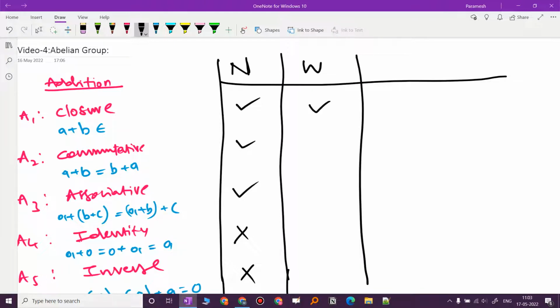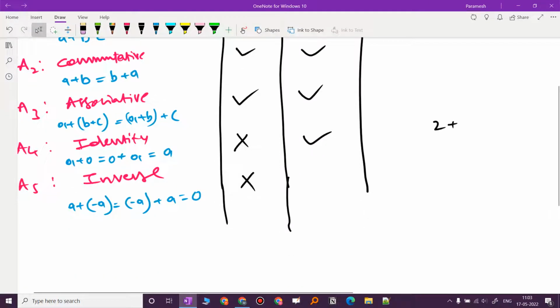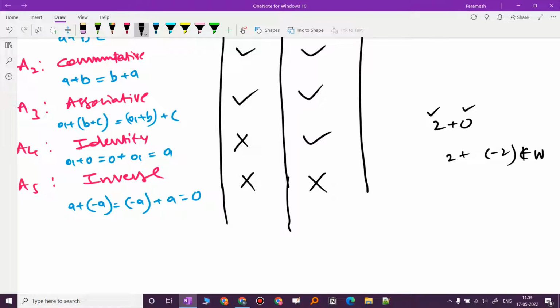The whole number set satisfies all the natural number properties, and it has one more property, that is additive identity: 2 plus 0, where 2 is a whole number and 0 is a whole number. The natural numbers cannot do this because 0 is not a natural number. For additive inverse, 2 plus (minus 2): minus 2 is not a whole number. So the whole number set does not hold the inverse property.